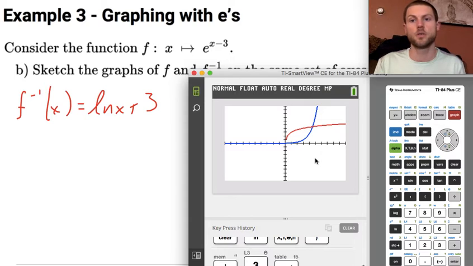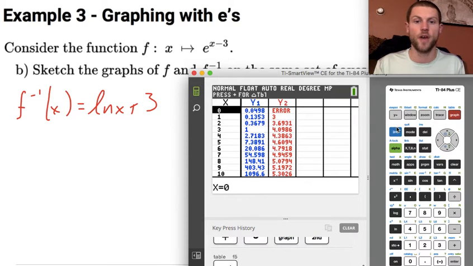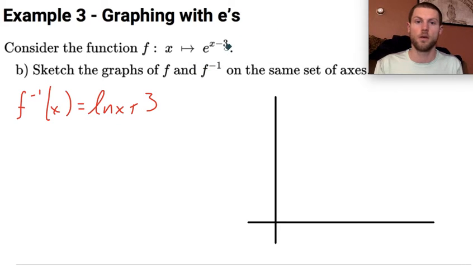Now, as far as some nice, neat points for this, this is where I might go to the table, and hopefully I'll find something that looks like an ordinary point. And what I'm seeing right here is 3, 1, and I'm seeing 1, 3. And that's going to be my anchor point. If you think about what we talked about a couple of videos ago, we said that all exponentials of the form a to the x have a y-intercept of 0, 1.